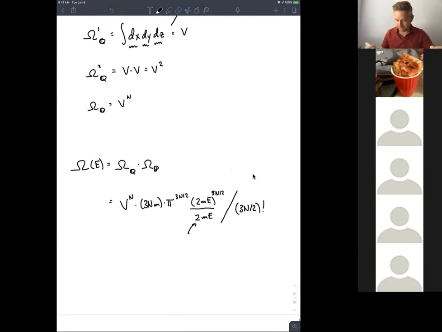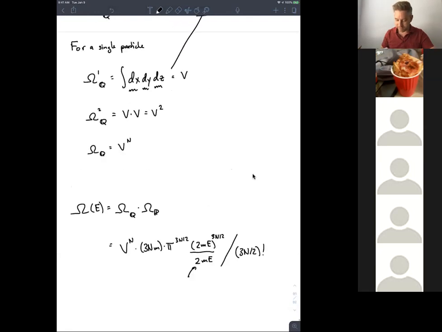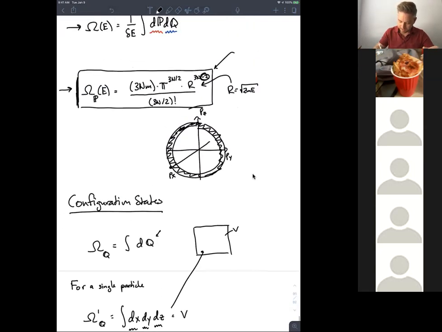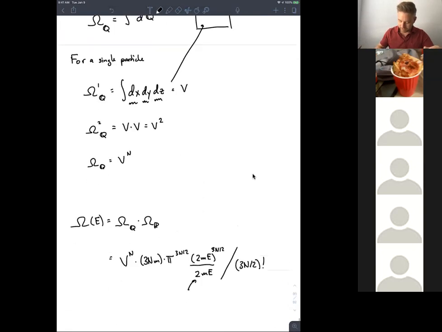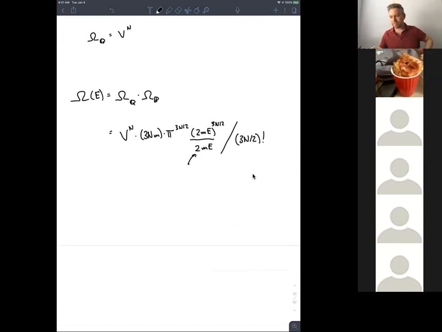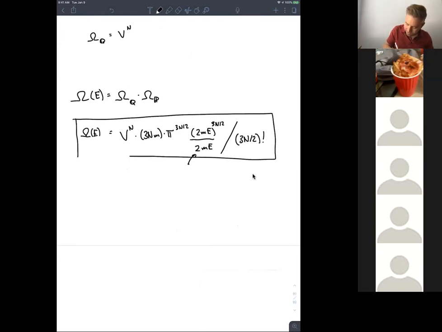So this over 2mE is coming from right there. And so what you get is this. Okay, so this is the density of states of our ideal gas.